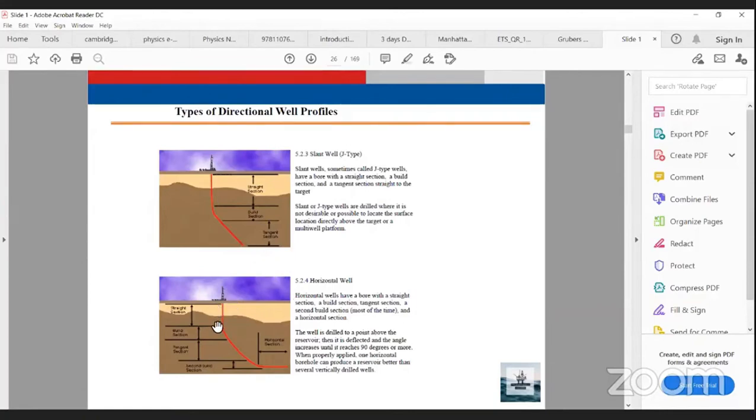Horizontal wells, according to the design, can be composed of one building section, or can be composed of a building section, tangent section, and a second build until I reach the depth. In horizontal drilling, we need to increase the angle from 0 to 90 degrees.